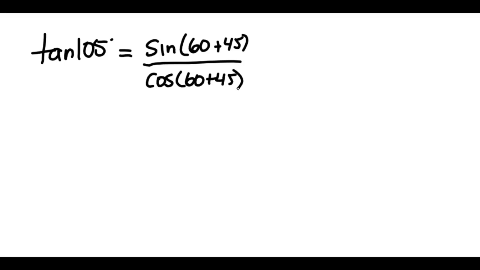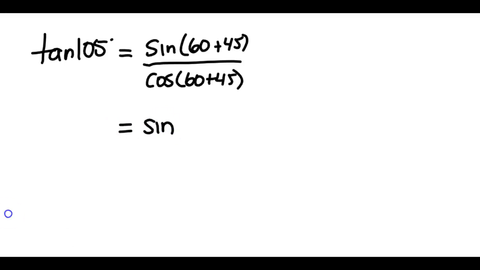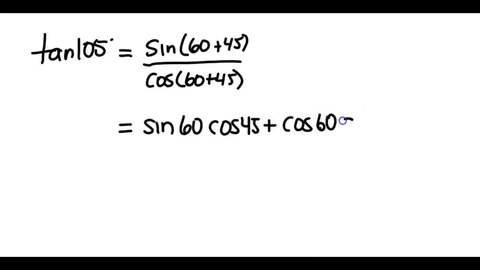Okay, so the sine one goes, when you have the plus sign, sine A cos B plus cos A sine B. So A in our situation is 60. So go sine 60 cos 45 plus cos 60 sine 45.